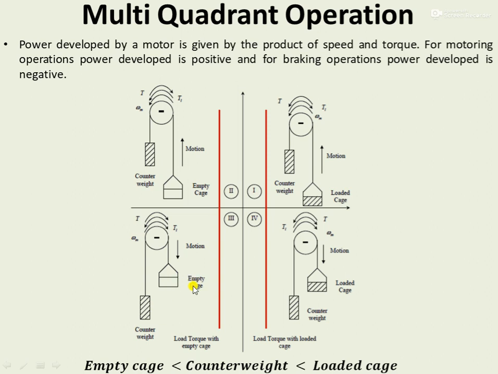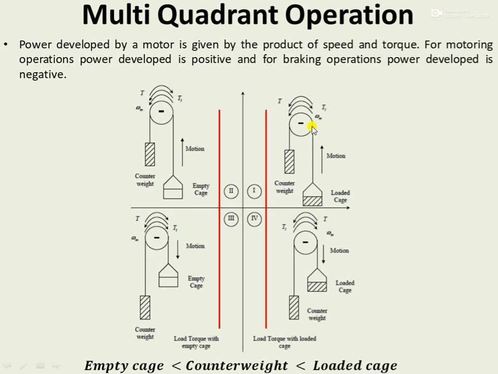Since the weight of this empty cage is very much less than that of the counterweight, the empty cage can't come down by itself. So in order to bring it down, some external torque has to be applied in the clockwise direction. This external torque will be provided by the motor. So it's very clear that in this third quadrant operation, the torque has to be produced in the clockwise direction.